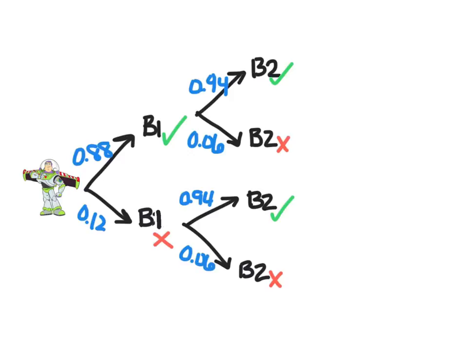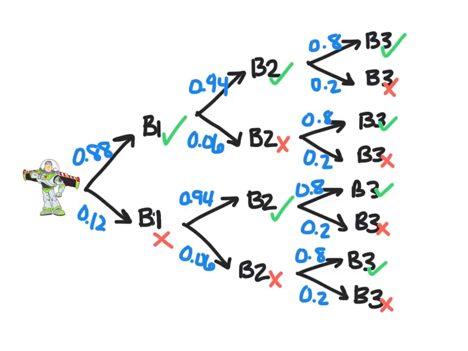And of course, we can do the same thing for Bridge 3. And you can see here I have either Bridge 3 stays up or Bridge 3 collapses. There's a 20% chance of collapse and therefore an 80% chance of it staying up. And these are all the possibilities, guys. So you can interpret this as either Bridge 1 stays up and maybe Bridge 2 doesn't stay up and Bridge 3 does, or Bridge 1 stays up, Bridge 2 stays up, and maybe Bridge 3 collapses.